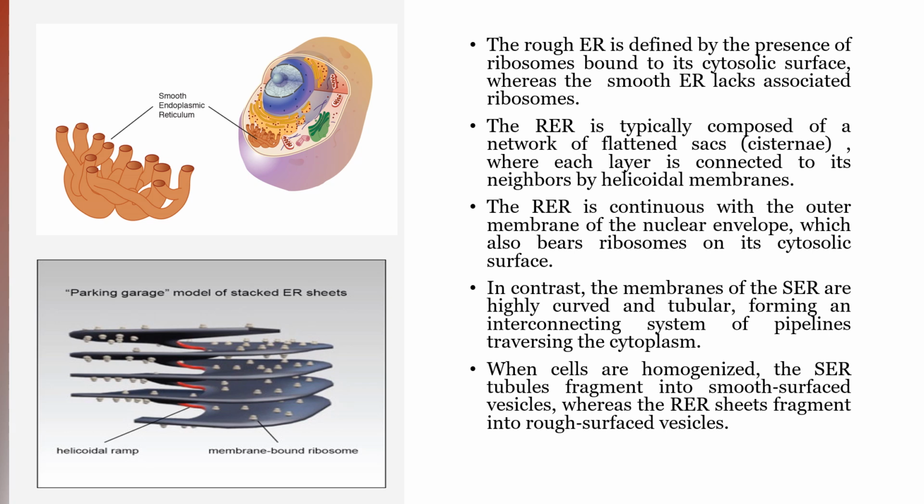So when the cell is homogenized, the membranes of the smooth ER tubules will form a smooth-surface vesicle because it does not have ribosomes. On the other hand, the rough ER membranes will form a rough-surface vesicle, which is due to the presence of ribosomes.